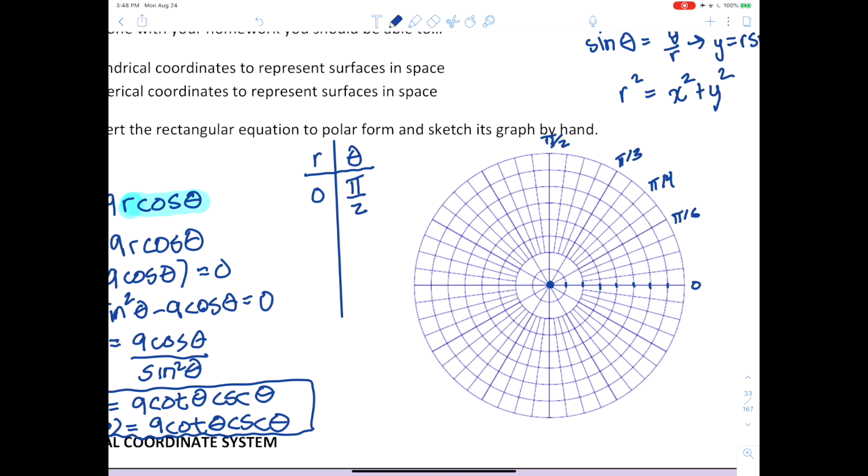Now this is where it probably won't be as pretty. If we have pi over 4, cotangent of pi over 4 is just 1, and then cosecant of pi over 4 would be root 2, correct? So I'm grabbing a calculator to get some of these values and we'll graph them real quick. For this one, I got approximately 12.7.